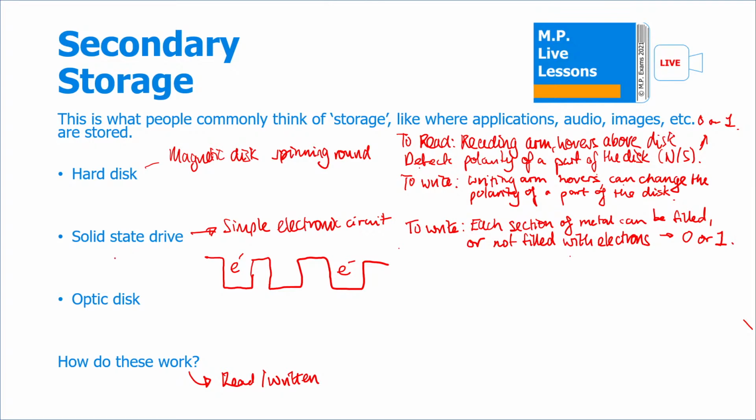Now the optic disc happens to be very similar to the solid state drive, except again it's a physical material, and this time, if you've heard from your parents, the disc is burnt.